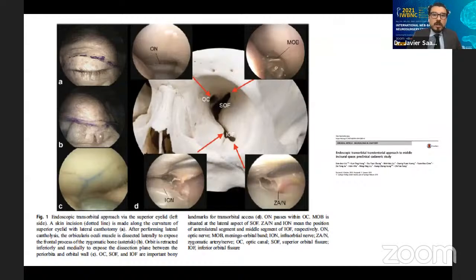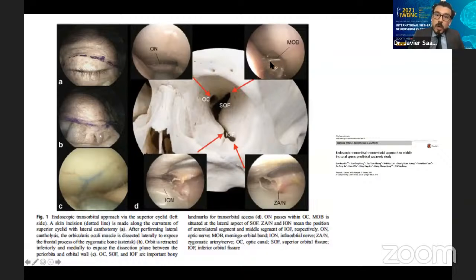So let's start having a clue of what are the most important landmarks for doing the transorbital approach. The most important landmarks are the superior orbital fissure and the optic canal. You will find the optic nerve if you keep dissecting posteriorly, and you can injure the nerve if you are unaware of its presence.